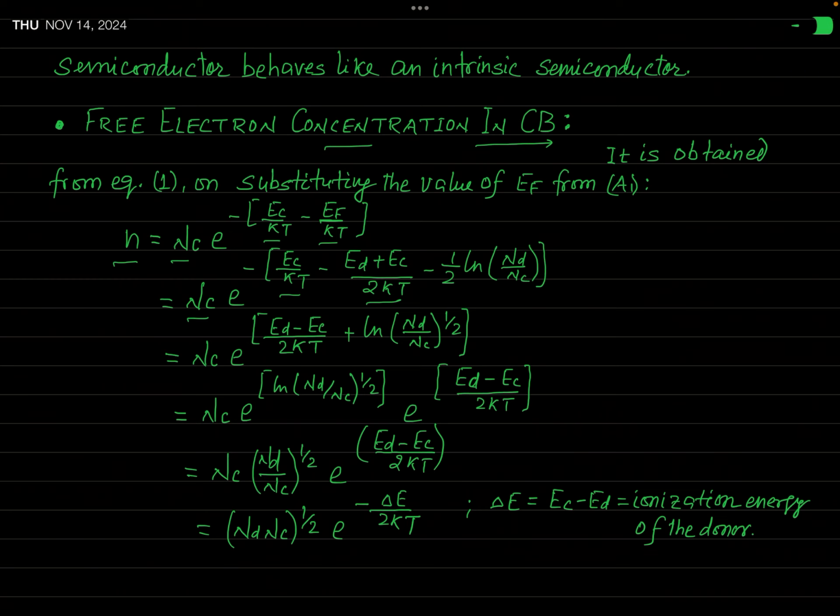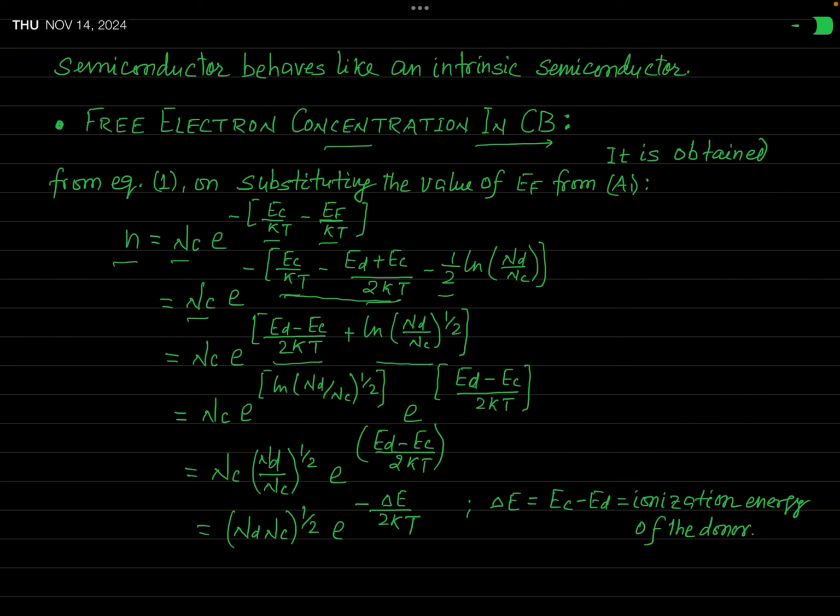Okay. Now, after simplifying these first two terms, you will get this is exponential raised to the power Ed minus Ec over 2kT. Okay. And plus log Nd over Nc whole to the power half. This has been written by using the property of logarithm. This multiplication factor will be in the place of power.